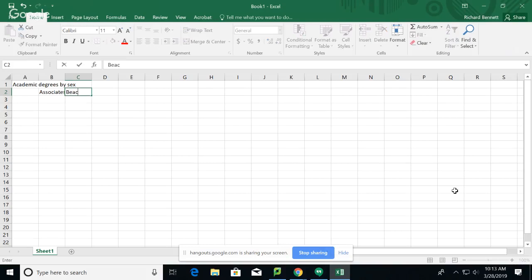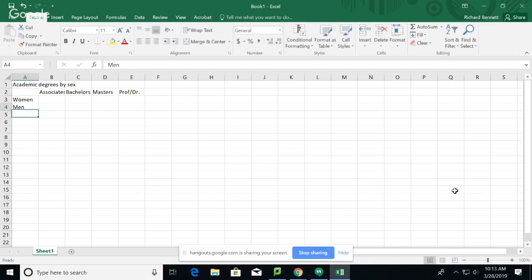Associate, bachelor's, master's, and professional/doctorate degree. Okay? So those are my column headings. And now we're going to do our row headings, which is sex. So I've got women and I've got men.